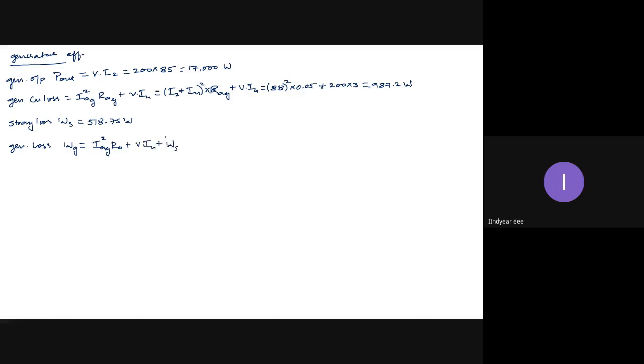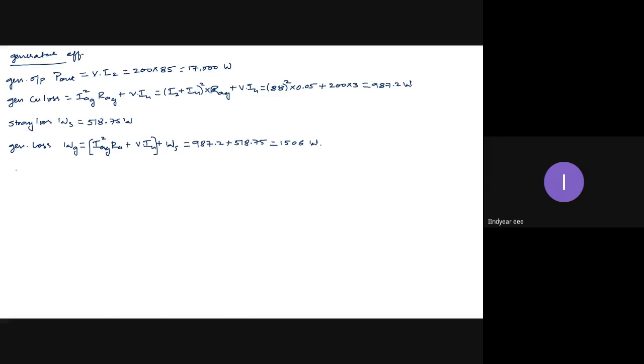It is the same, instead of writing in words, I am writing in equations. So this is 987.2 plus 518.75, which is 1505.95. I will take 1506 watts.